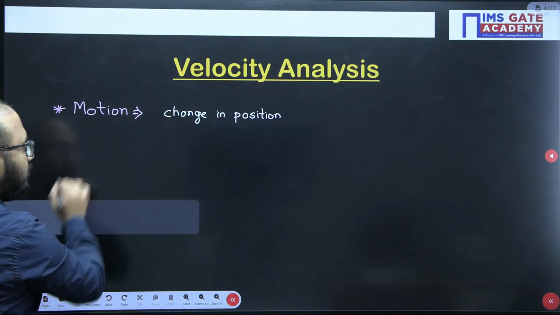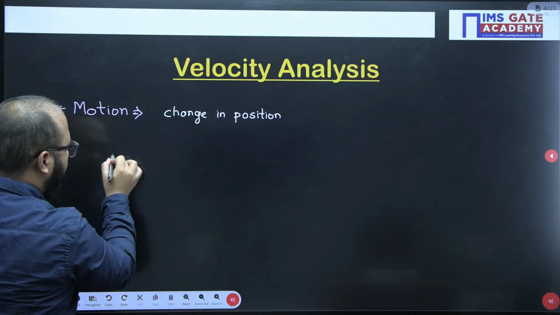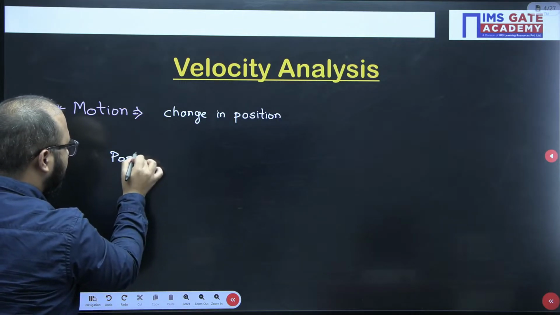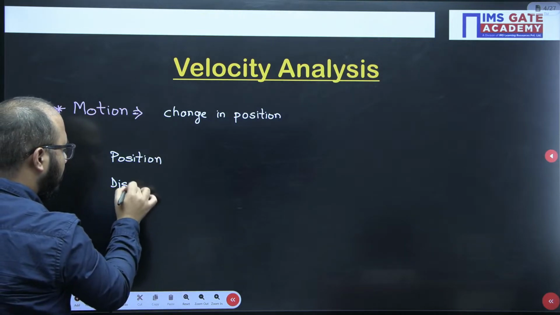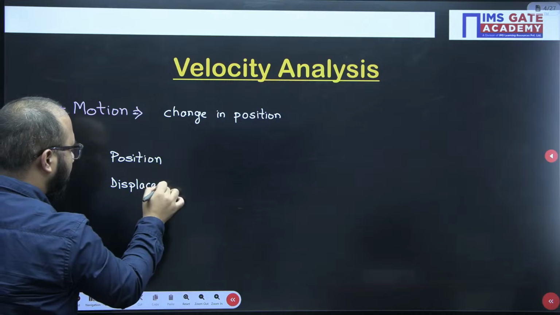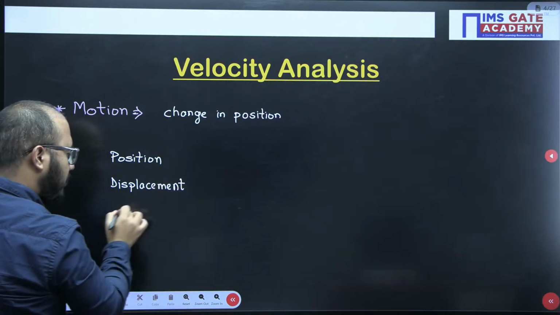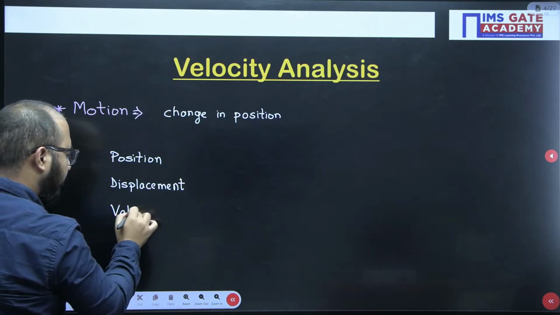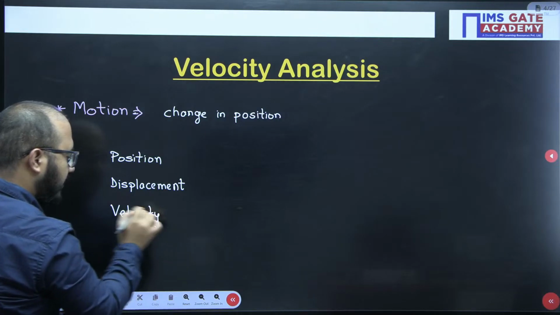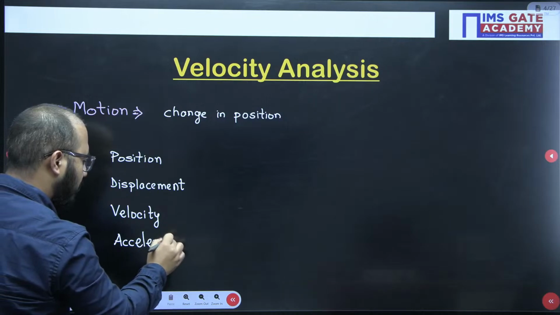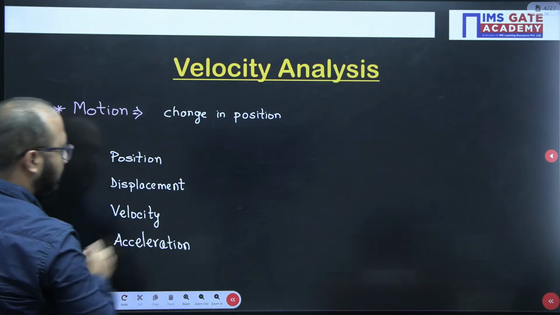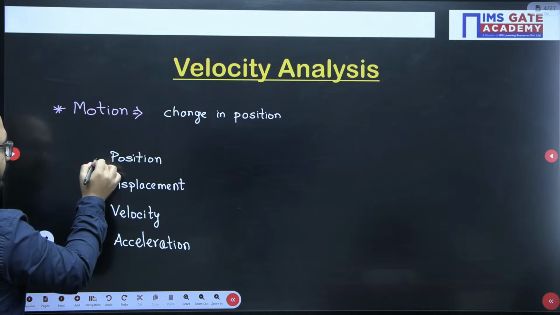Whenever we want to do any motion analysis, we need to focus on position, displacement, velocity, and acceleration.